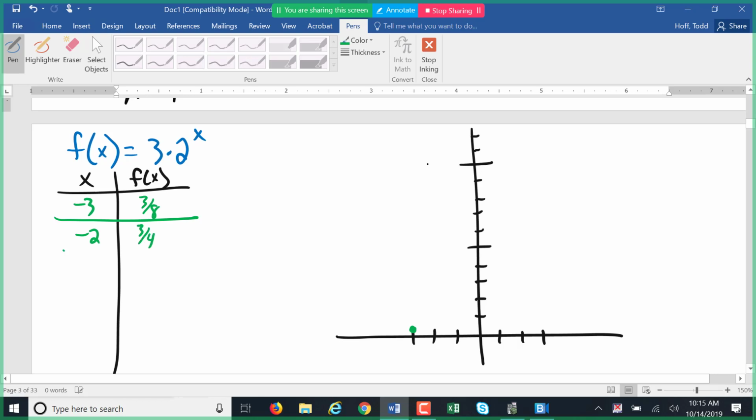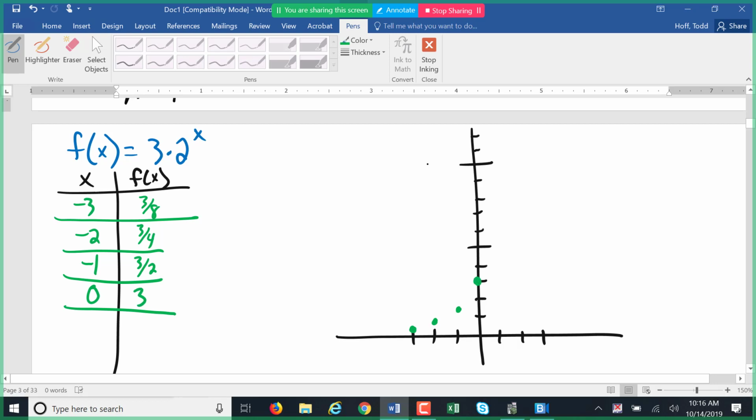Times 3 is 3/4. So negative 2, 3/4. Negative 1, 2 to the power of negative 1 is 1/2. Times 3 is 3/2. So at negative 1, we're at 3/2. And if x equals 0, 2 to the 0 is 1, times 3 is 3.